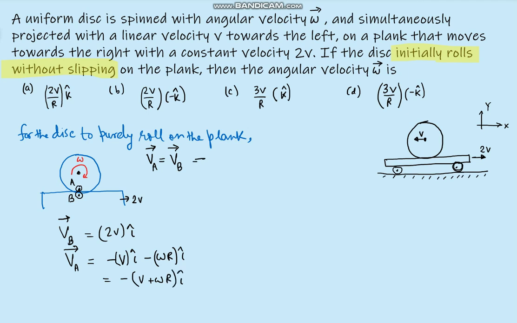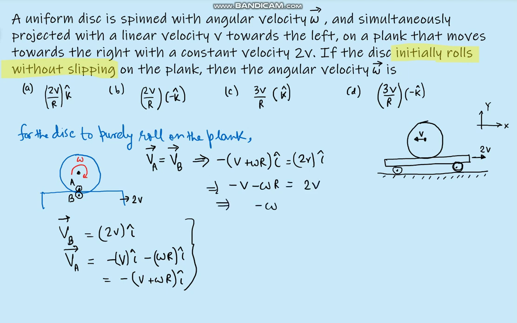So let's proceed. Here VA is negative of V plus omega R times i, and VB is equal to 2V i. So we have minus V minus omega R is equal to 2V.